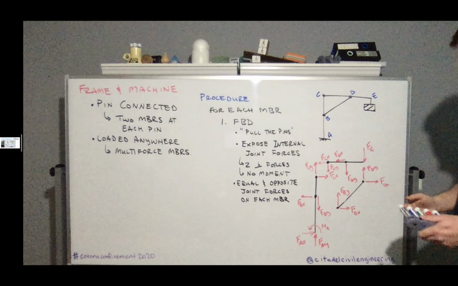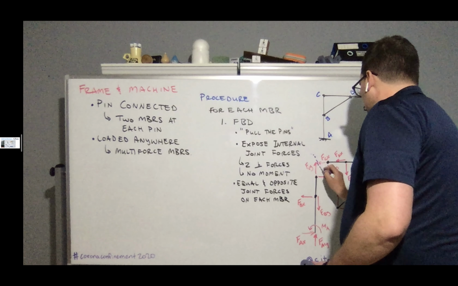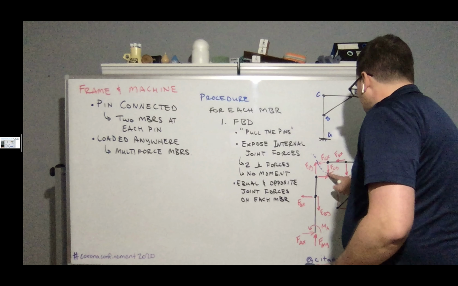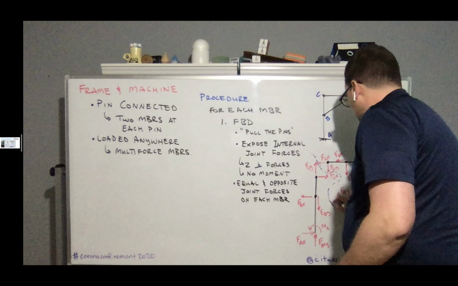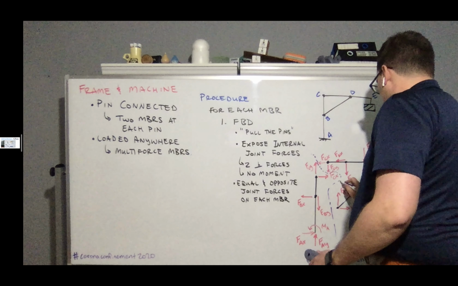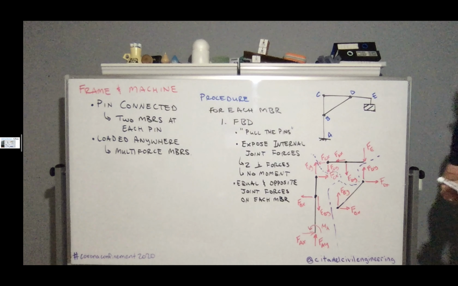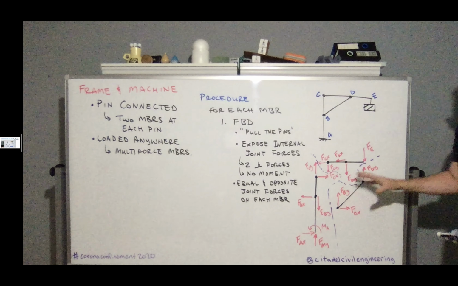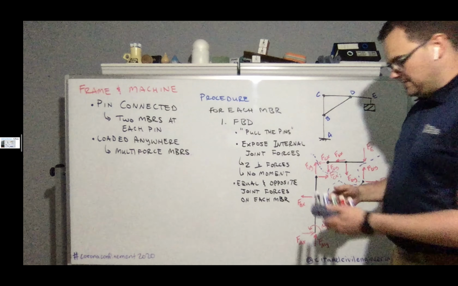And so now I have, let's see, it's gotten a little cluttered, but the idea here is that I have 3 separate free body diagrams. And each free body diagram is going to have its own equations of equilibrium.